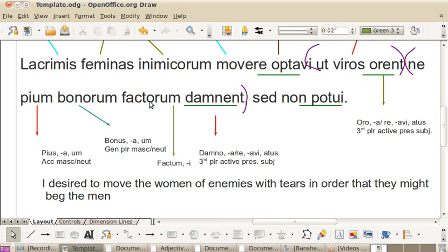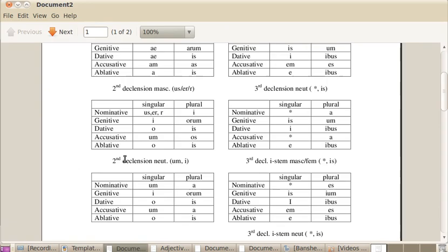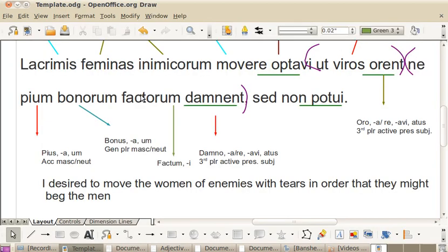So we want to know where ORUM is in the neuter second declension paradigm. So let's go look at our noun paradigms. Let's go second declension neuter, and we are looking for factorum, and we see that it is genitive plural. So we can go ahead and identify that.